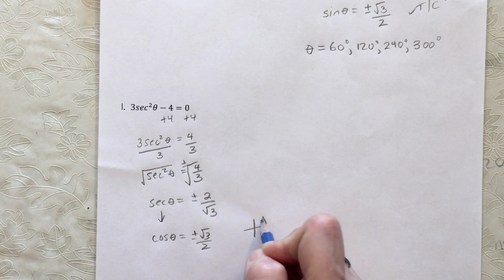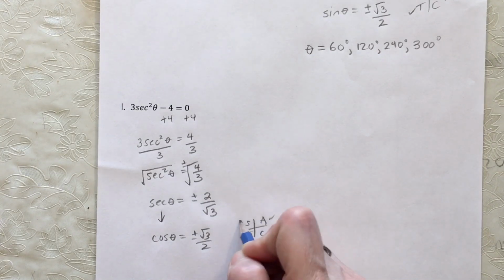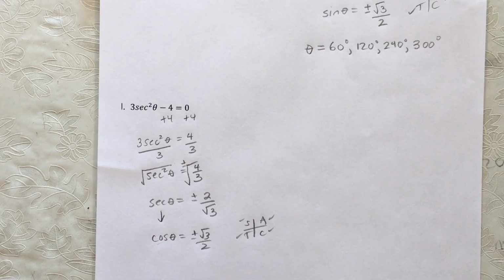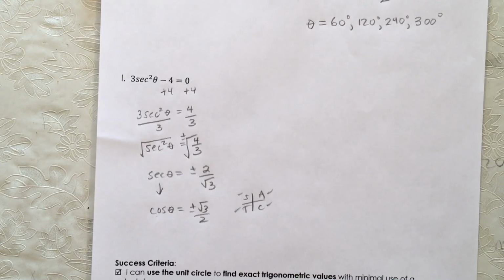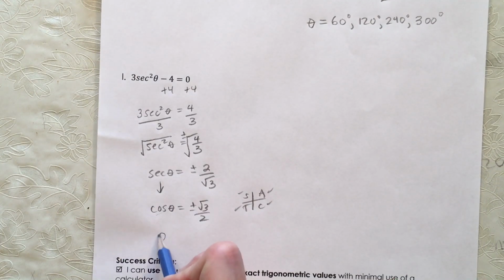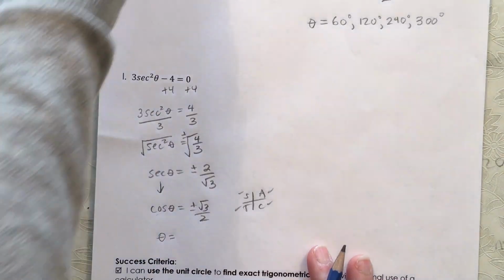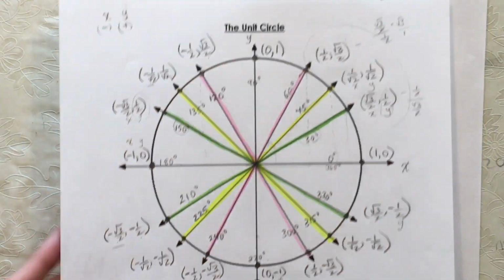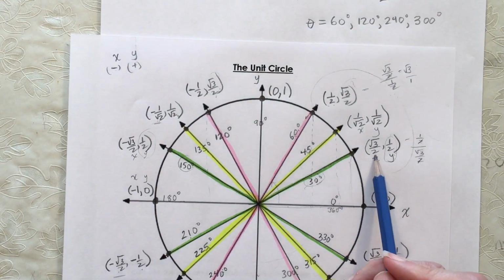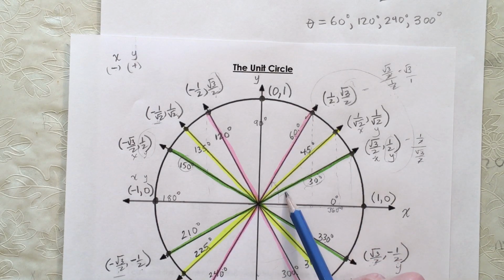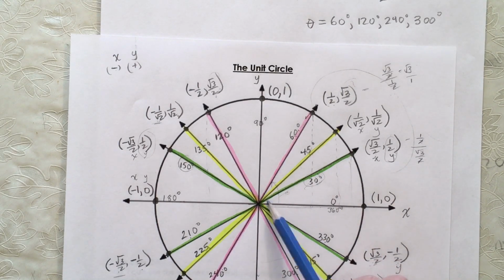And we're going to look in all 4 quadrants because it's plus or minus. And we're looking for where the x value is either positive root 3 over 2 or negative root 3 over 2. So in the first quadrant, the first time we see the x value being root 3 over 2 is at 30 degrees. So for me, that's green angles.